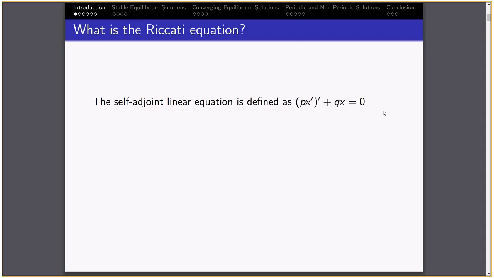So to begin, we're going to go over what is the Riccati equation. In the real numbers, the self-adjoint linear equation is defined as (px')' + qx = 0. This equation can be transformed into px'' + p'x' + qx = 0 using the chain rule.